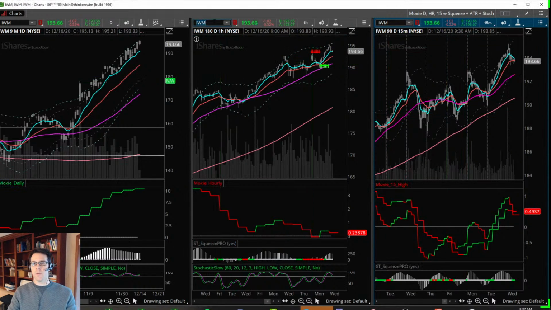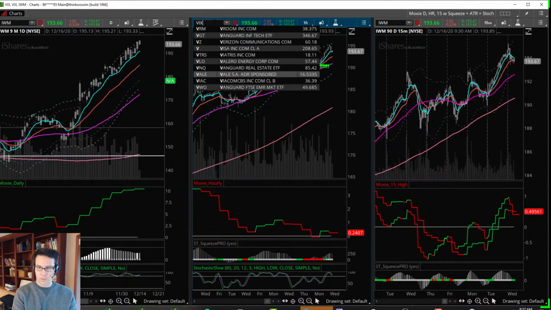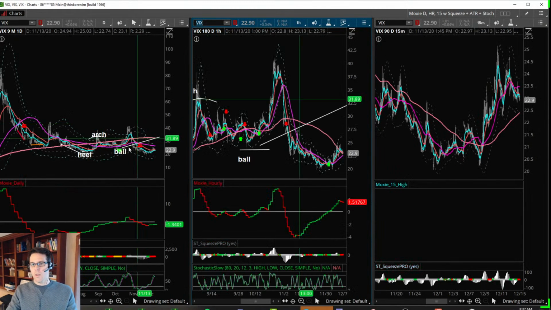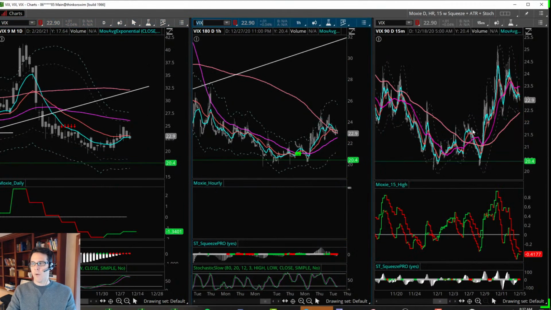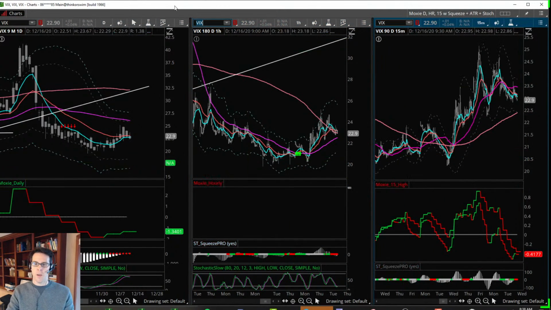And then if we also look at, say, the VIX, because we use this to tell us a little bit more about if people are hedging, if there's anything coming in here. Here was a regular trampoline move. Price below the 50, the Moxie indicator above 0 is a trampoline move, and that's why I love the indicator so much, because we could see this thing coming.